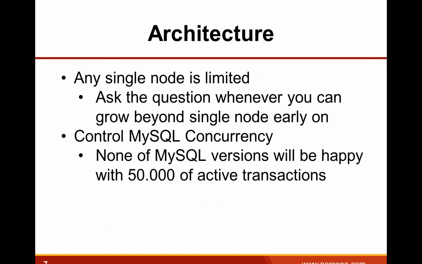There would be some other range where it performs more or less okay, but if you're speaking about tens of thousands of transactions trying to run concurrently on the MySQL server, that will be very, very bad. It wouldn't scale at all.